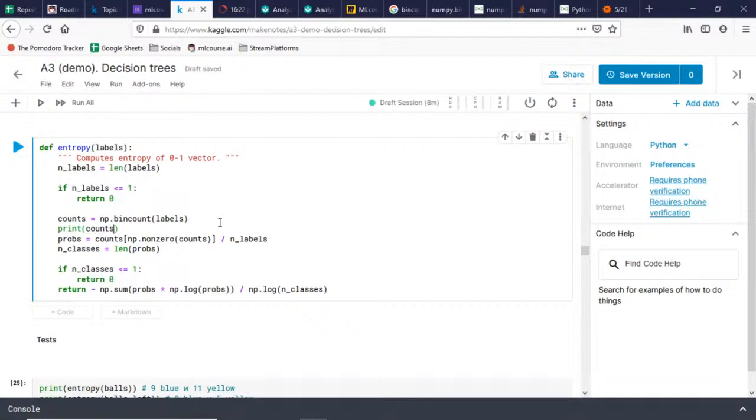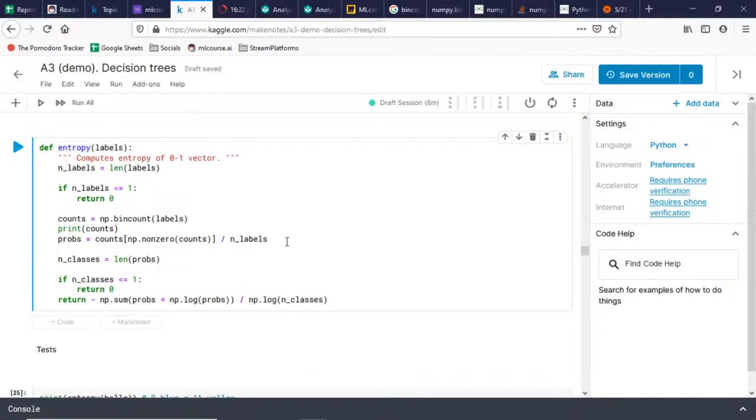count. Okay, after that we calculate probabilities of each of them. So okay, print.